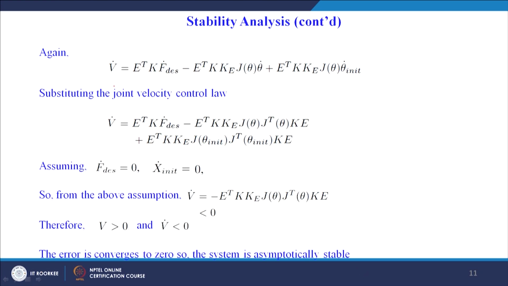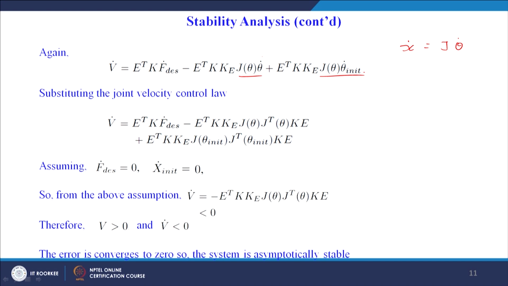Again we have V dot is equal to E transpose K F desired dot minus E transpose K multiplied by the stiffness matrix into Jacobian with joint velocity, because x dot is given by J theta dot. That is why we replaced x dot by J theta dot.